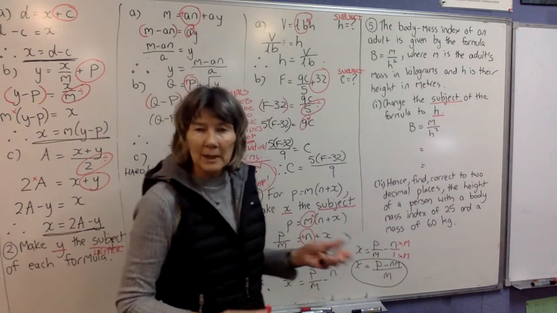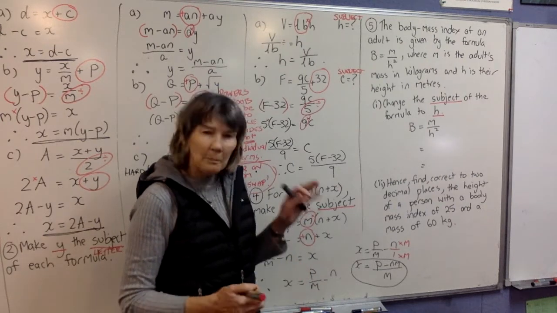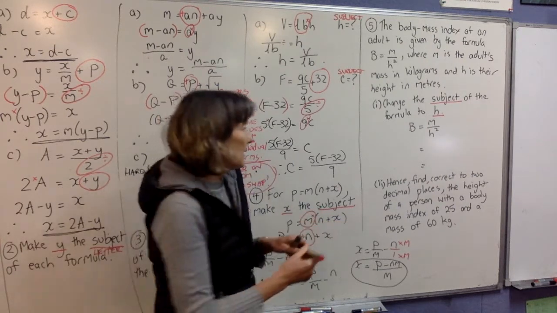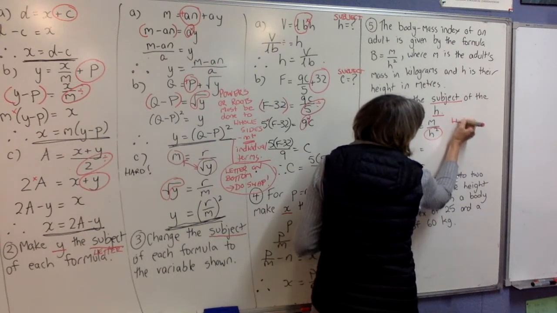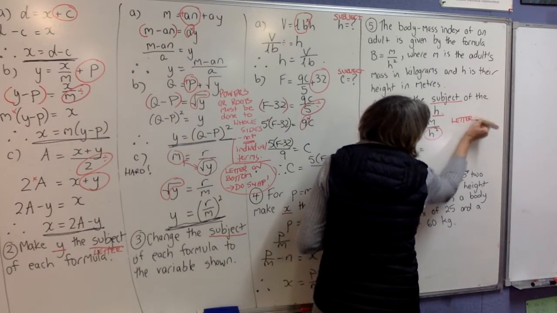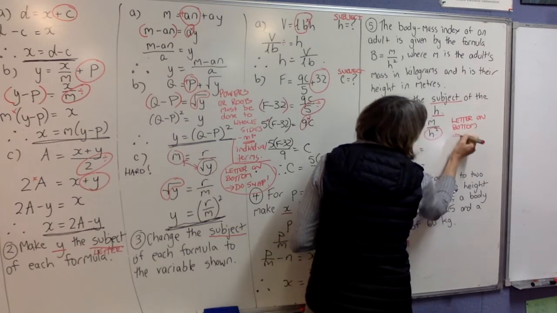So I've written the formula down. We're now going to get h to be on its own. Remember what I said before, the quickest way, if that h is on the bottom of the fraction, we do the swap.